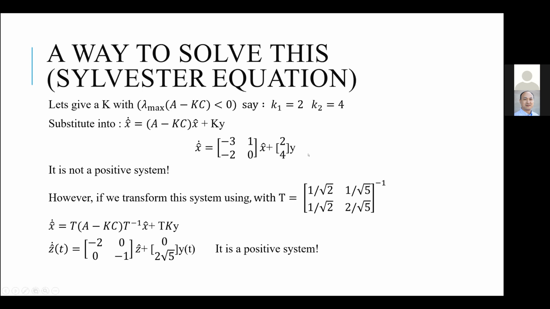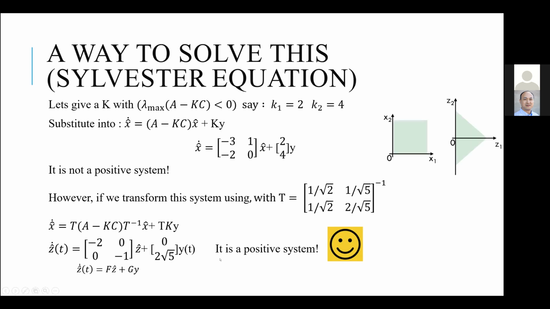If it is impossible to find one using the traditional way, you can have this alternative way based on the traditional way. So this is a positive system: positive, positive. Good. In the paper, this first matrix is denoted as F, and the second one is denoted as G.